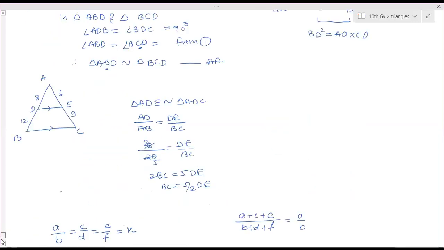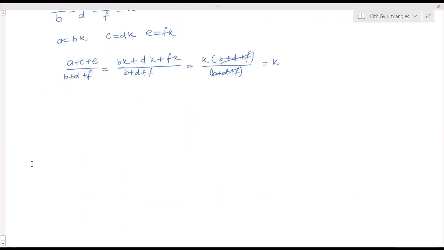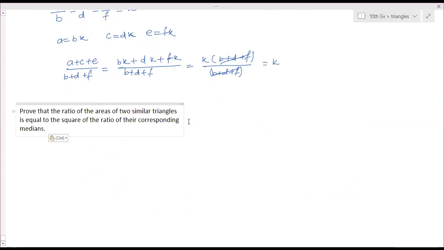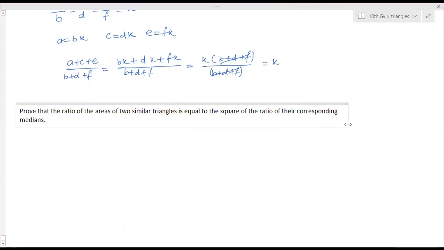Then continue with exercise 6.4. Ma'am, is this the first question on that exercise? We have started already, 5 done.